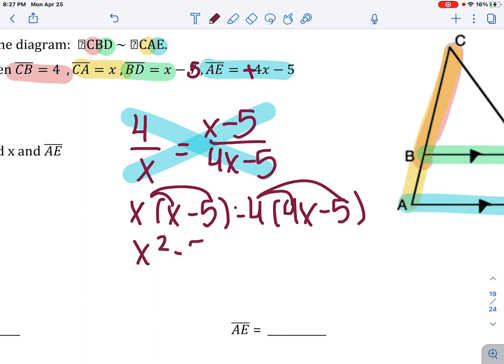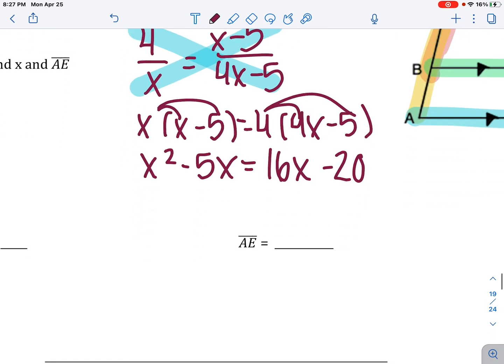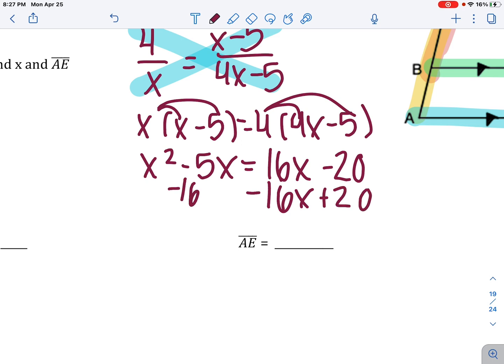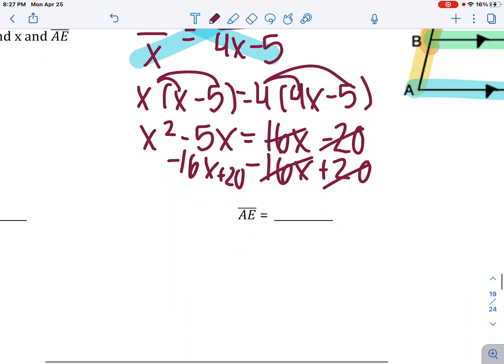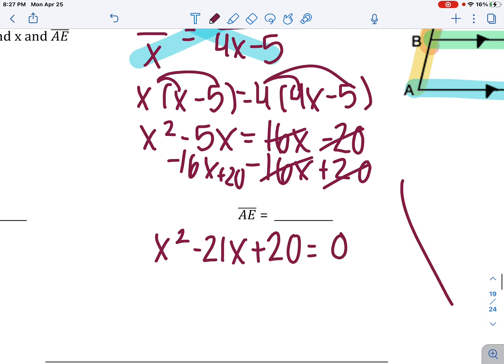X squared minus 5x is equal to 16x minus 20. And again, move everything over. So I'm going to minus 16x from that side, plus 20. Those cancel. And then I should get x squared minus 21x plus 20 is equal to 0.